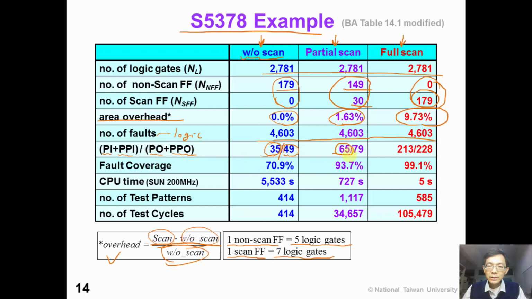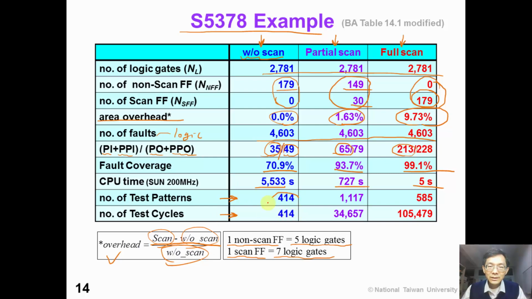We can see that this number increases from left to right, and the fault coverage increased from 70 to 99%. And the ATPG CPU runtime decreases significantly as we go to the right. This row shows the number of test patterns, and this row shows the number of test cycles.